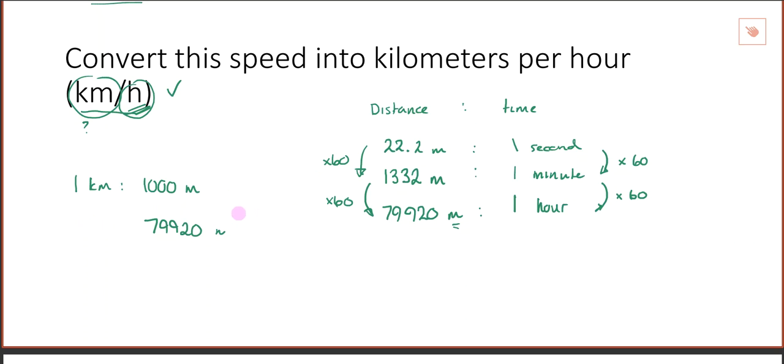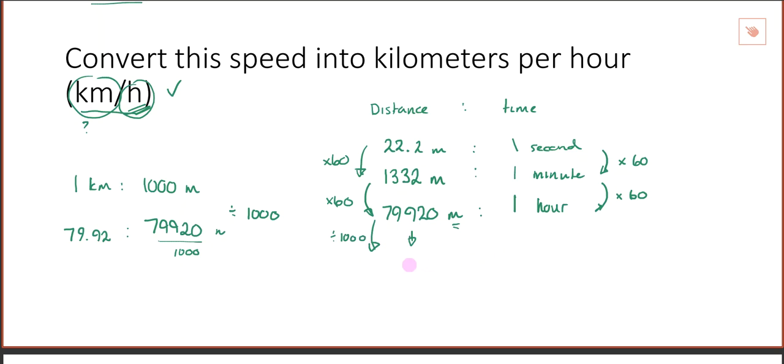We know that we're going to divide by 1,000. So how many lots of 1,000 fit into here? That'll tell me how many kilometers I've got. So if I do 79,920, I get 79.92. So this number, when converted, we do that this time divided by 1,000.